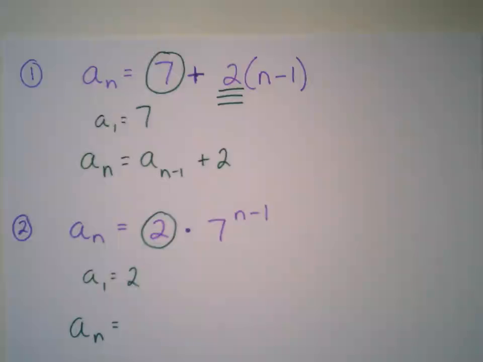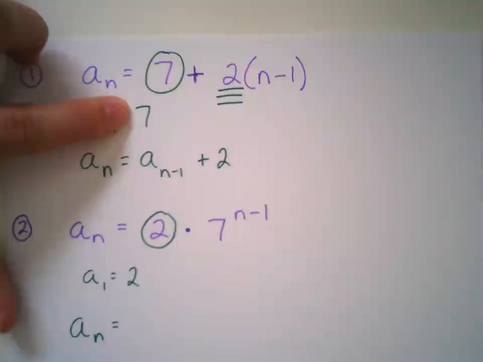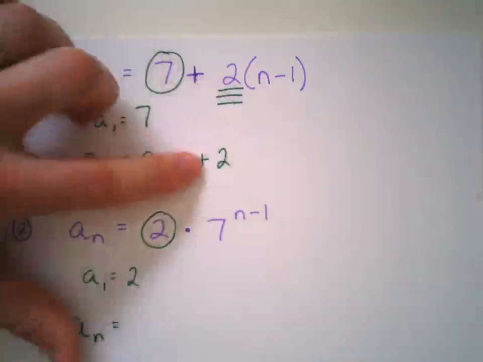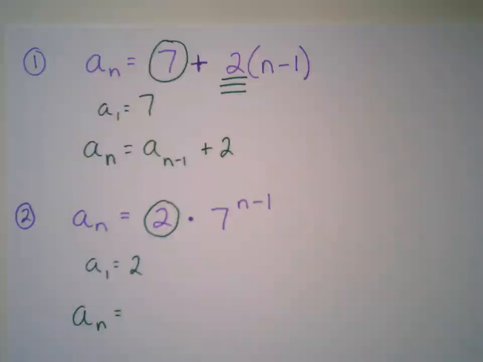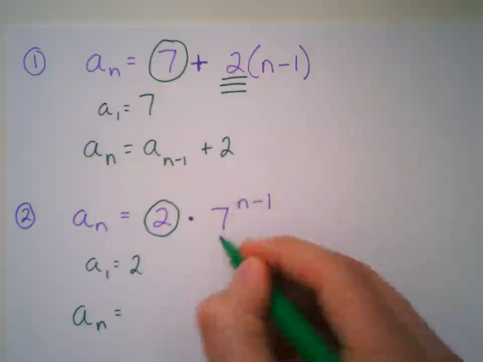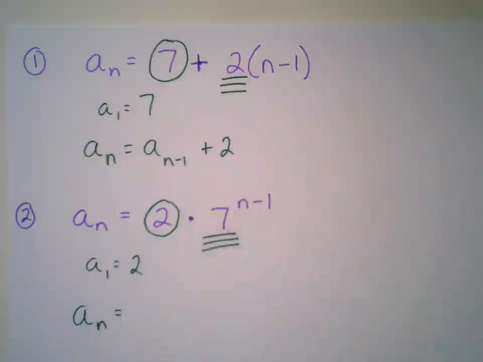Again, this is multiple choice when you take it, so just understanding it. Your A1 is 7, your common difference is the 2. For number 2, our common ratio, what it's going to continue to change by, is the 7 right here. So it's going to keep multiplying by 7.